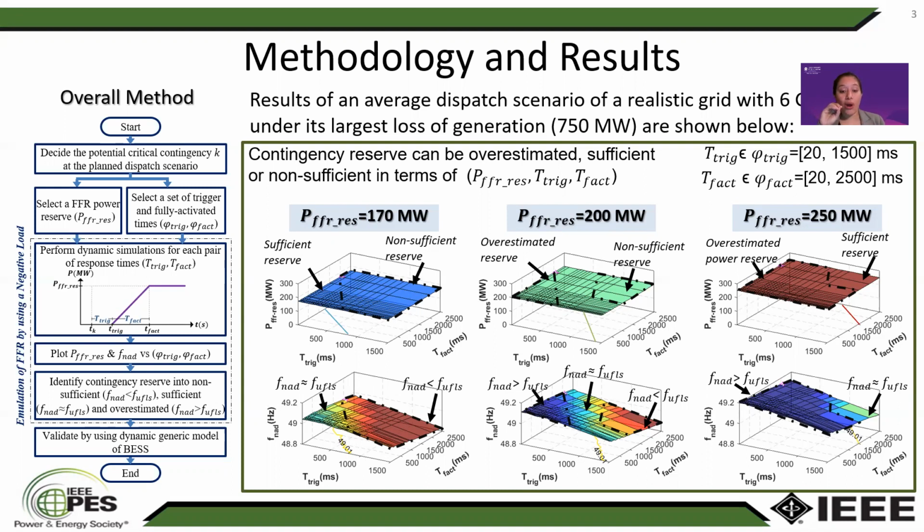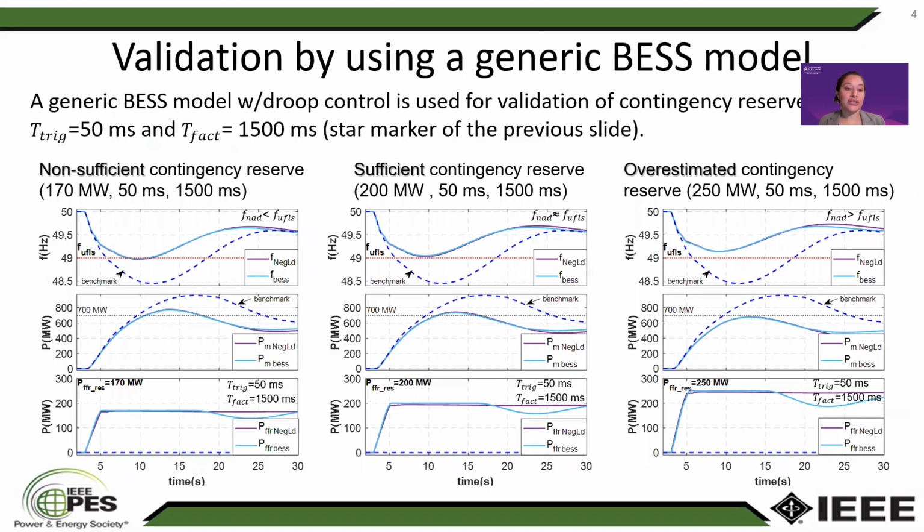We pick one of the pairs of time response capabilities from the graph in order to validate by using a generic battery model with droop control. So with a battery trigger time or delay of 50 milliseconds and a fully activated time of 1.5 seconds, the star marker of the previous slide, we can see two main things.